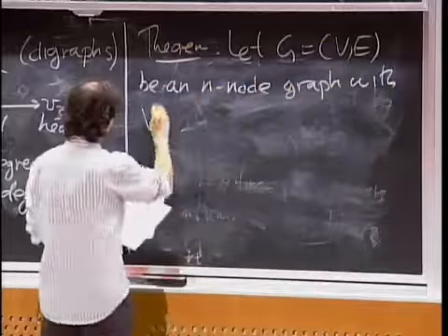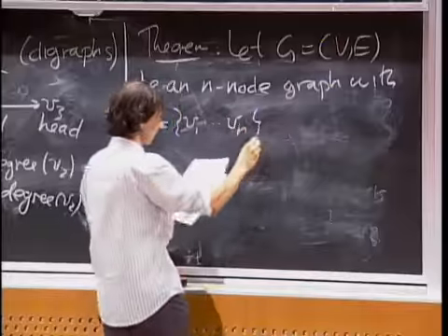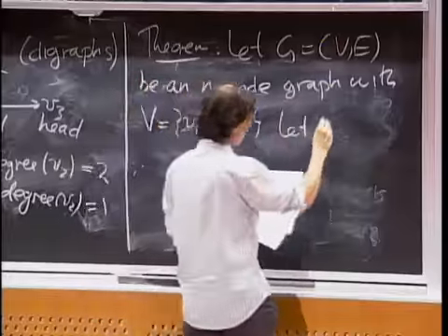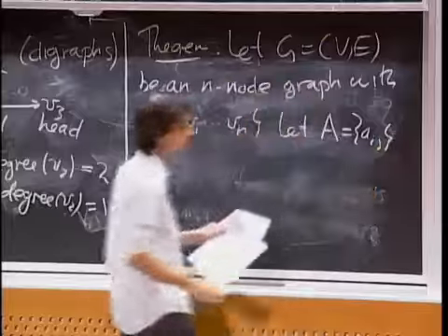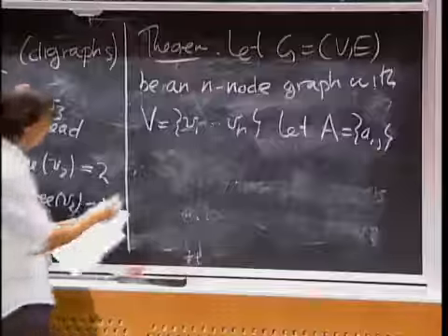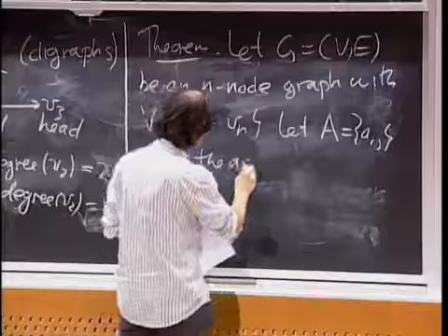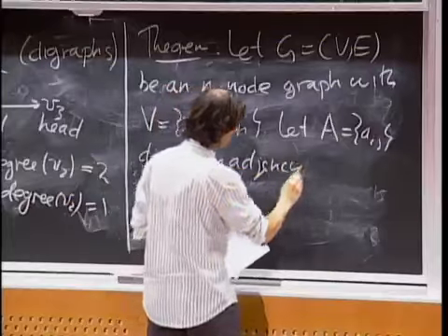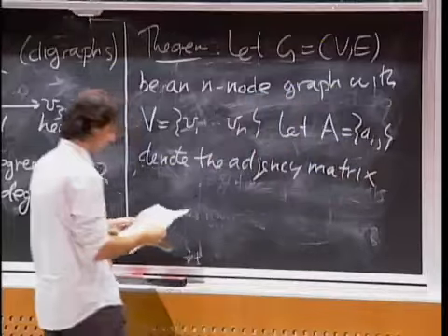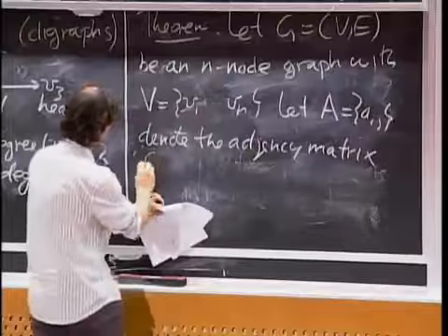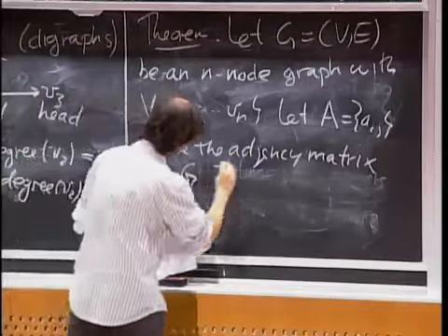And we have the vertices V1 up to Vn. And now we let the matrix that contains the entries aij denote the adjacency matrix for G. And what does that mean?